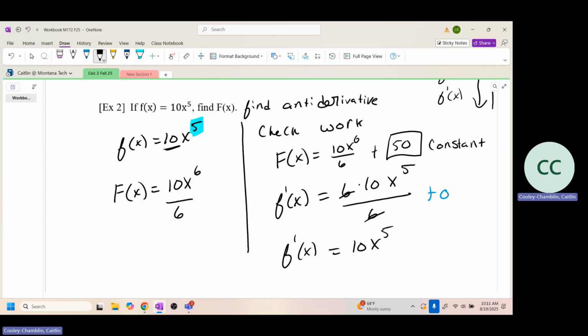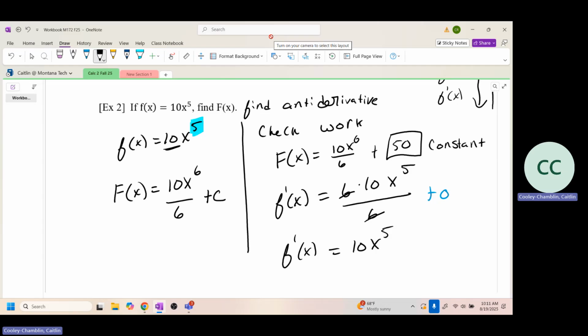So I have all of these answers that could be my antiderivative. So what we do in Calc 2, or any calculus, to cope for that number that could be there, we don't know, is add a plus C to the end of this.